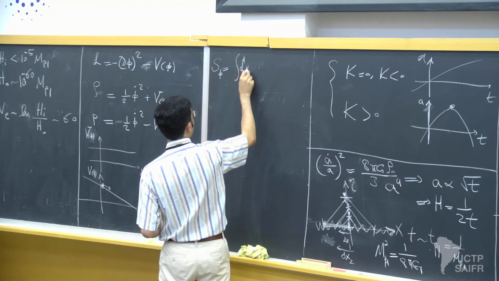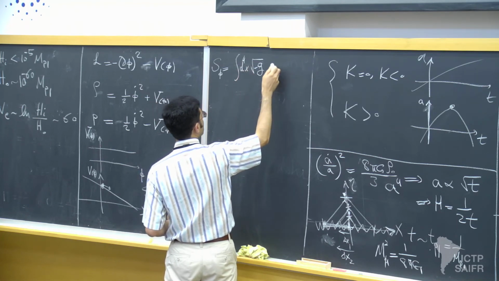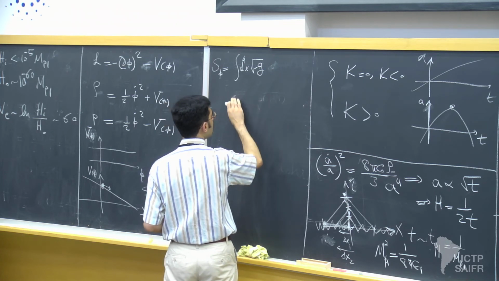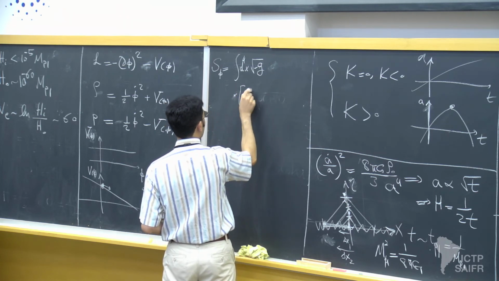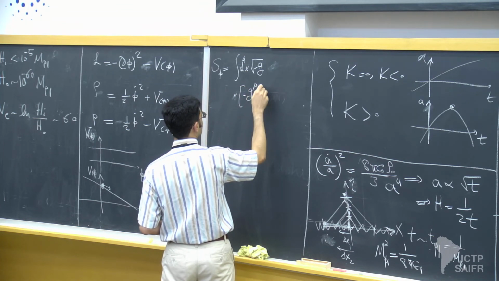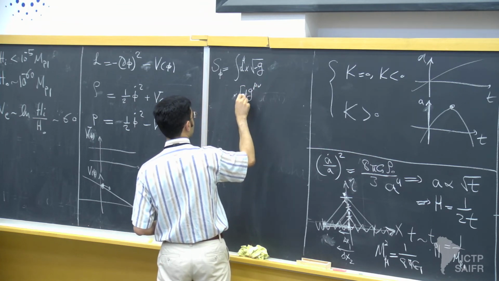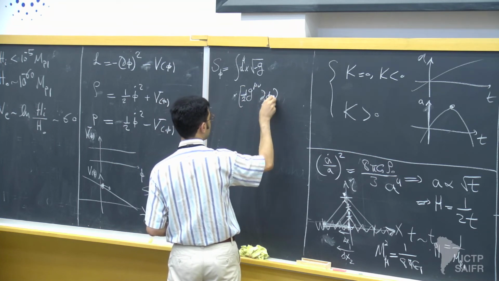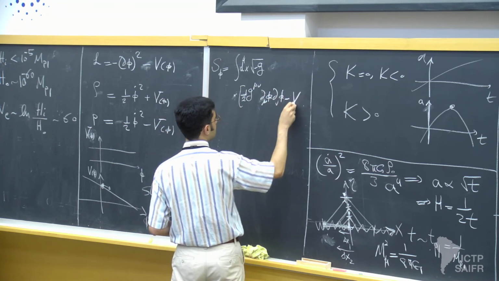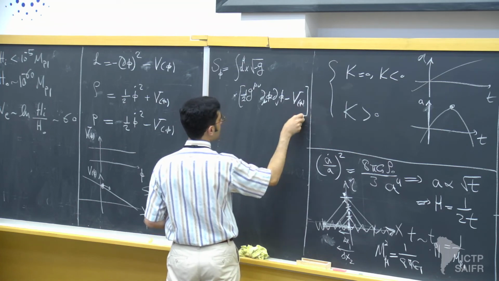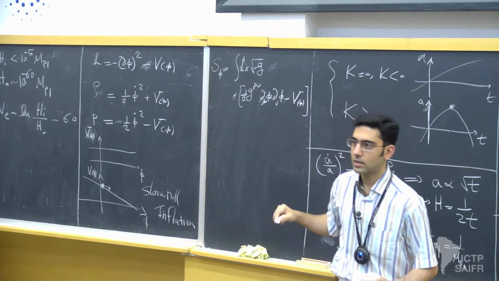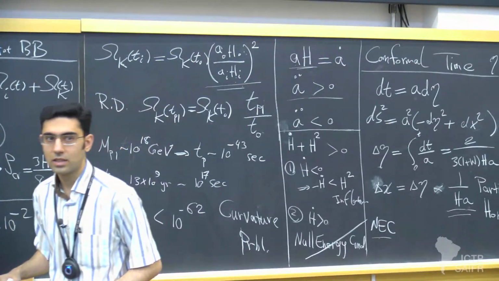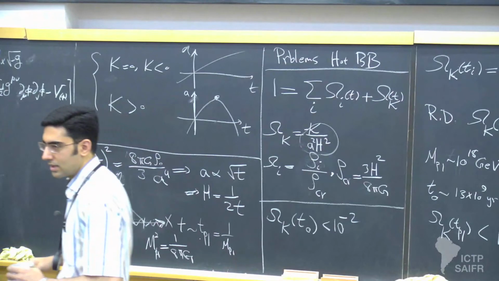So there will be d4x square root of minus g times minus 1 over 2 g mu nu d mu phi d nu phi minus V of phi. I don't know, is this what you were asking? Okay. Yeah, it is definitely coupled to gravity. There's no choice about that.